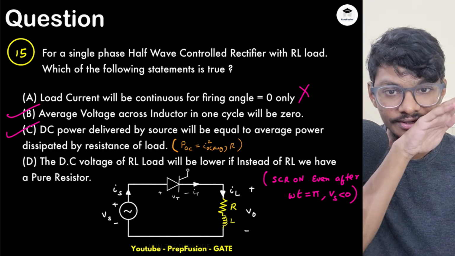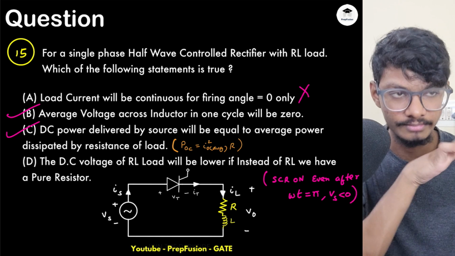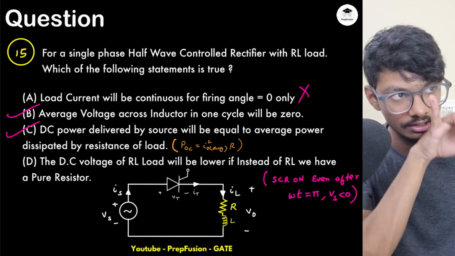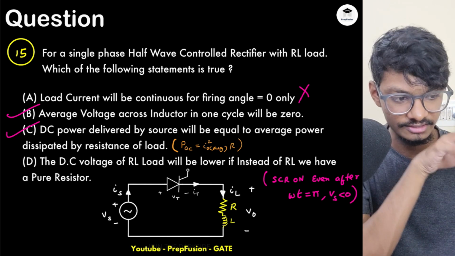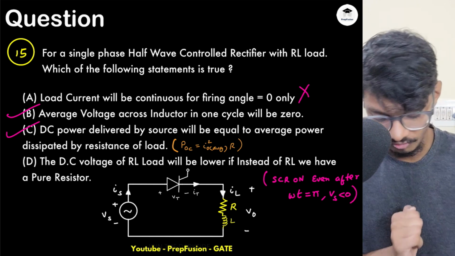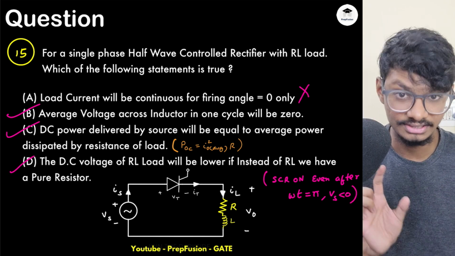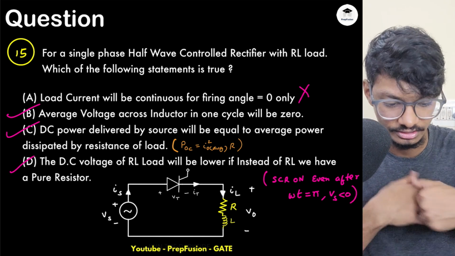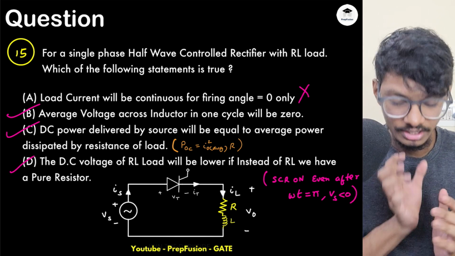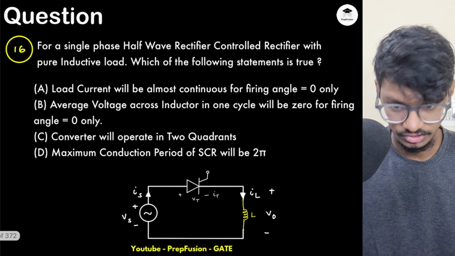So overall that will reduce the average voltage, right? Because my output voltage is negative for some point of time. So if it was on for the whole first half cycle, for the second half cycle it will also be on, and that voltage will be negative. That will reduce the average. So obviously this is correct, but we resolve this problem with the help of a special diode named the freewheeling diode, that we'll learn in the next lecture.